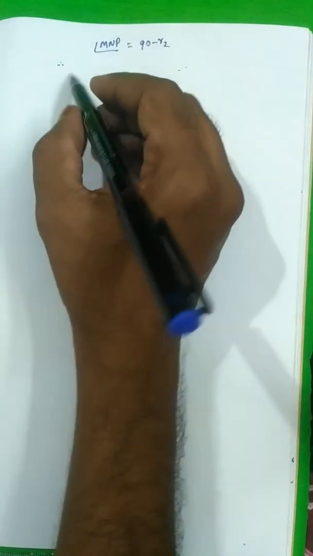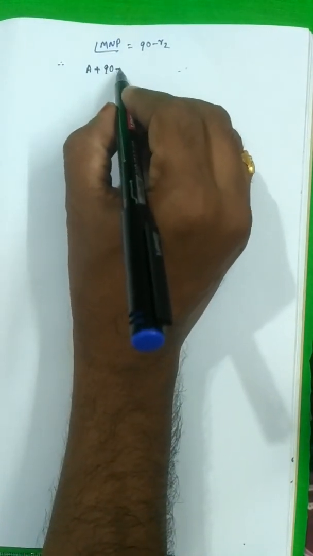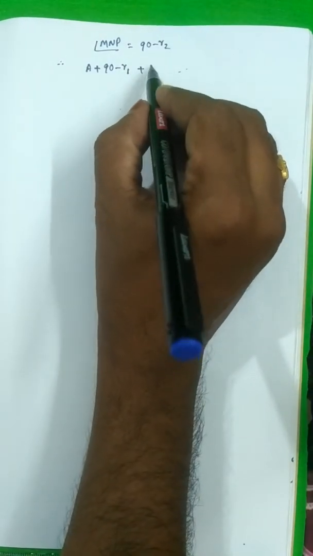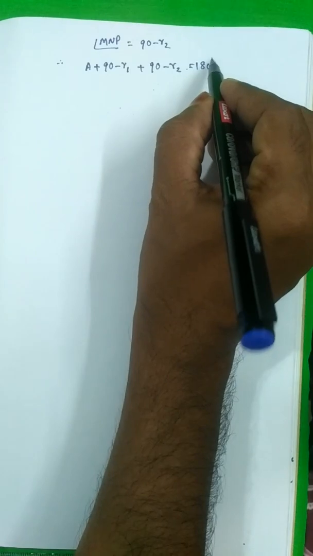Now we substitute: A plus (90 minus r1) plus (90 minus r2) equals 180 degrees.